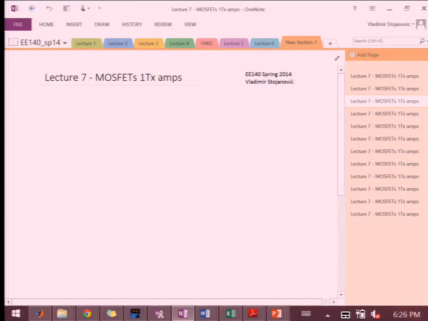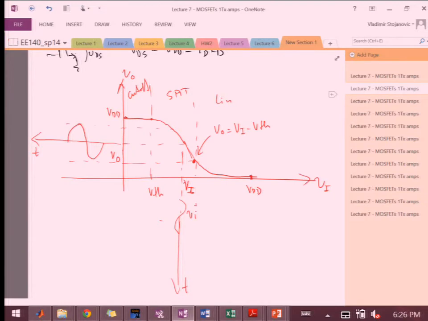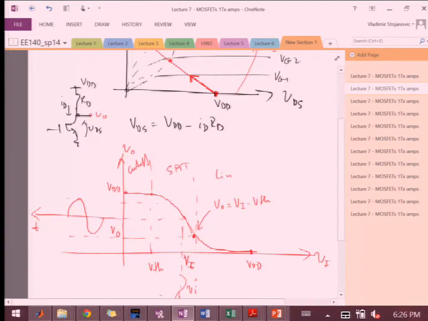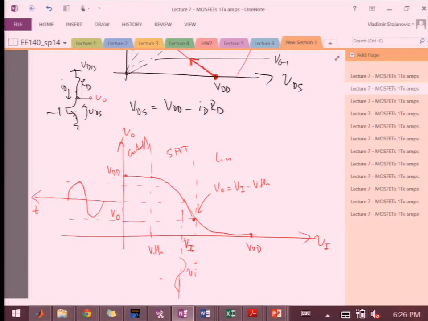What's the question? Is the voltage between drain and source zero? At which point? Voltage between drain and source. Well, okay, in which region?